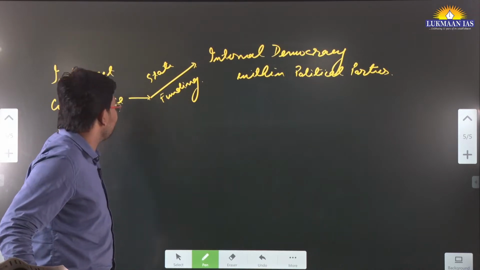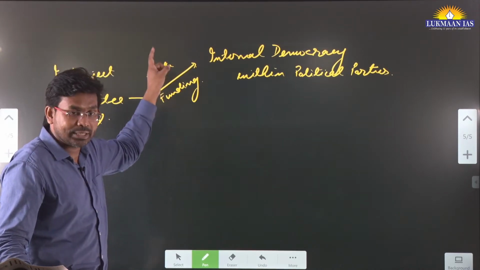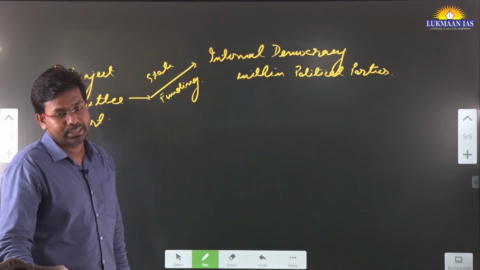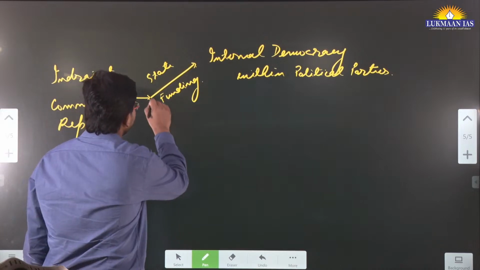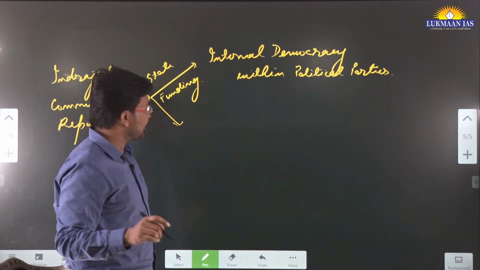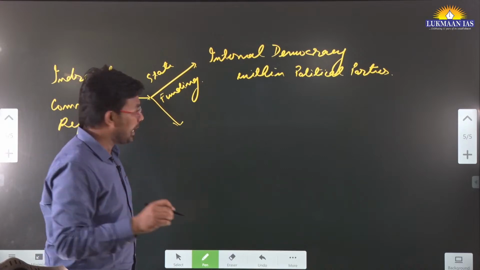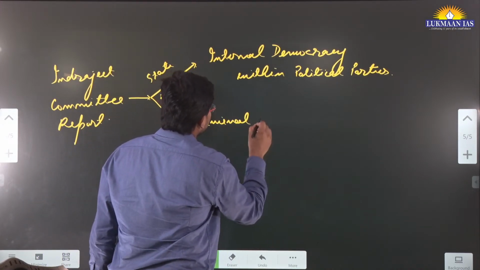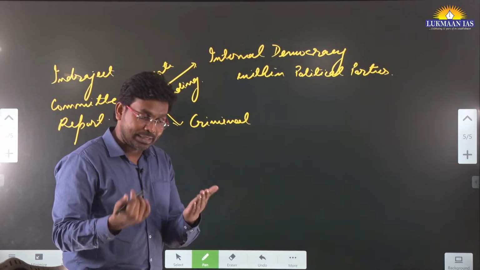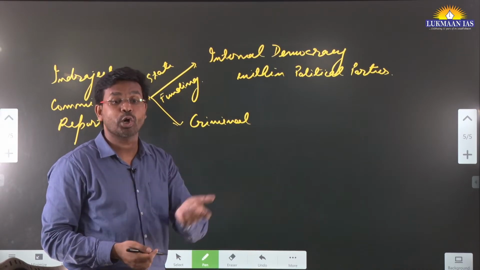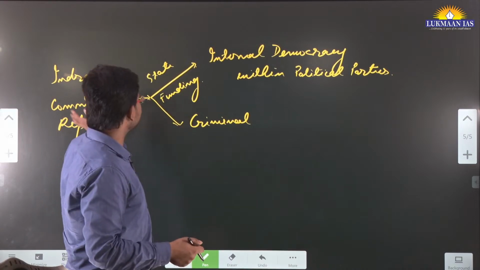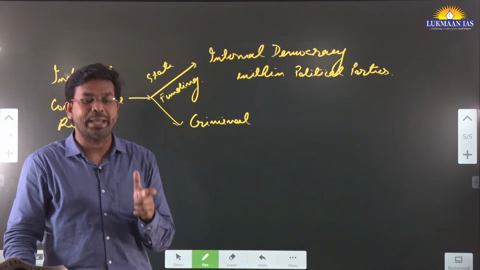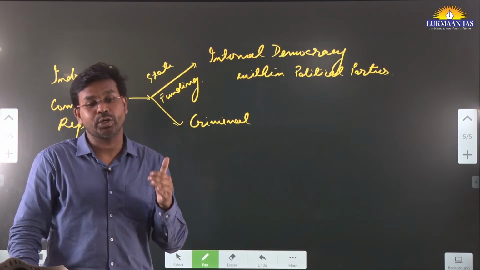So this Indrajit committee report has said that state funding of elections can be allowed whenever there is internal democracy within the political parties. It has also suggested many other aspects. If state funding is allowed, then whether a politician is criminal or not should be thoroughly checked. Whenever state funding is allowed, it will be institutionalized in a manner that it is under high control.